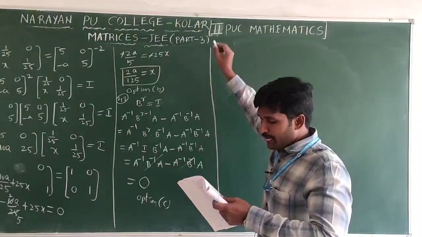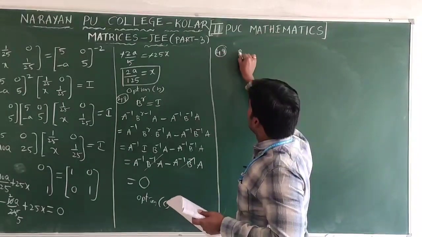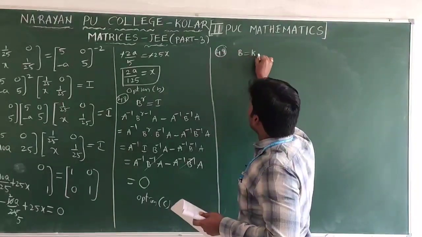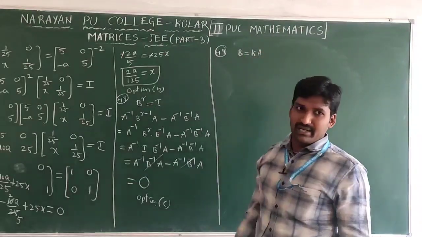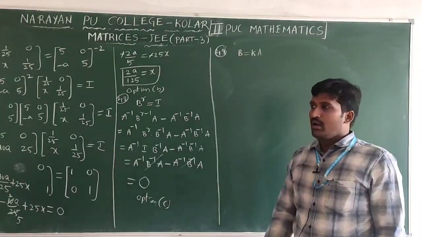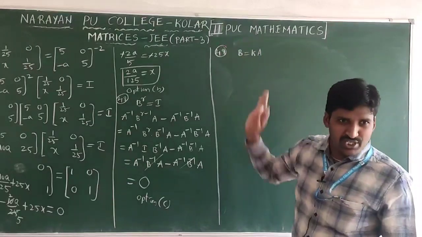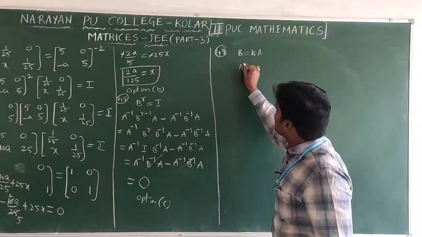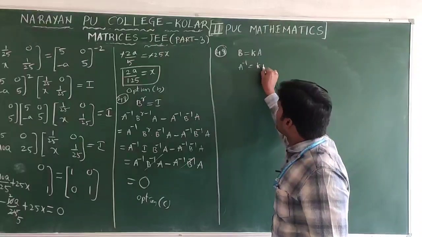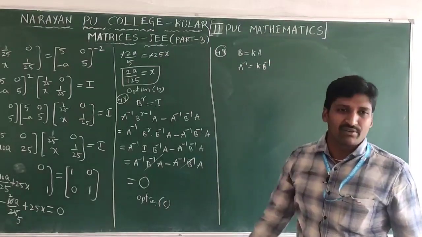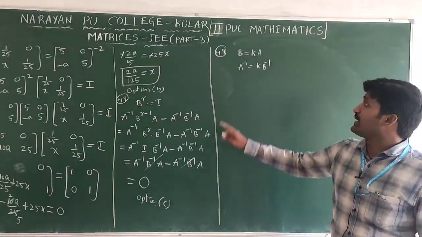Here, clearly the condition wise, what is B matrix? If you multiply k for A matrix. Now if we change both A matrix and B matrix positions, now what will you get here? A inverse equal to k into B inverse. Again I will repeat.